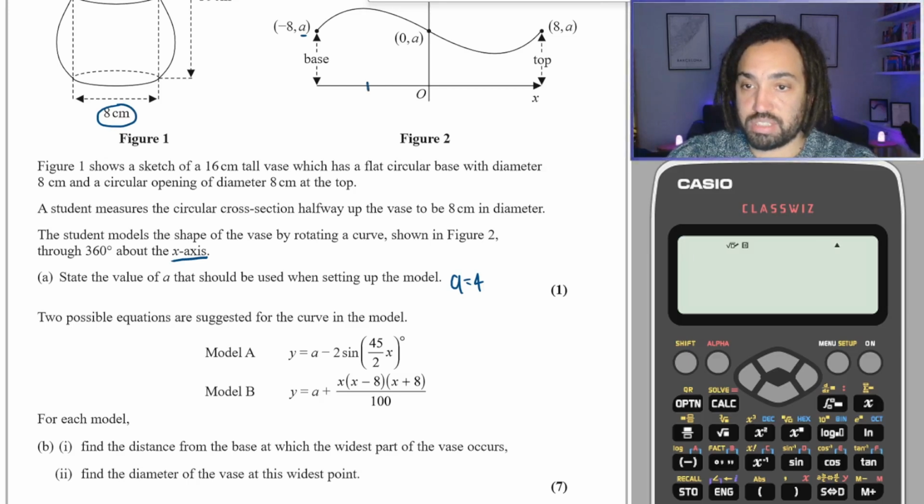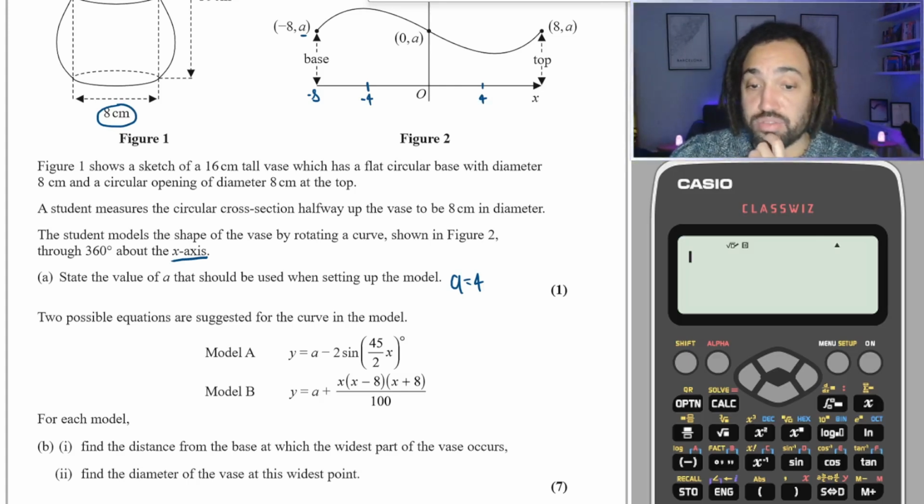So this value here will be the maximum, where x is minus 4, because we know this is minus 8. And over here, the minimum will be at 4. So the distance from the base to the maximum point is going to be 4.